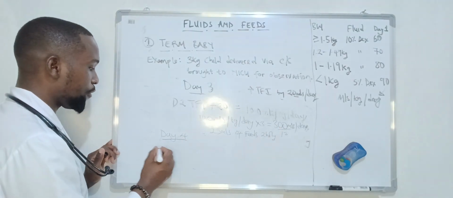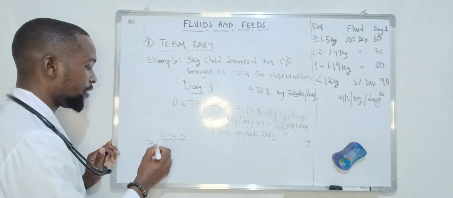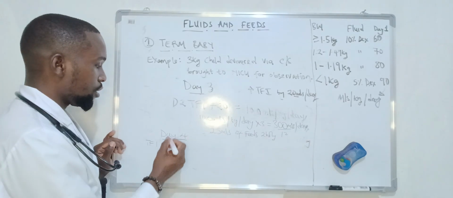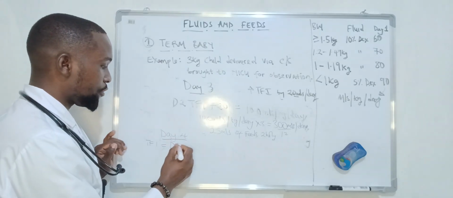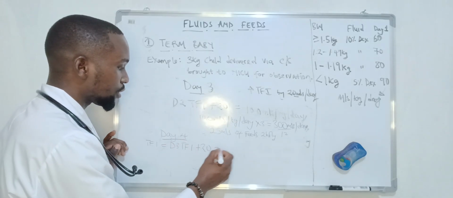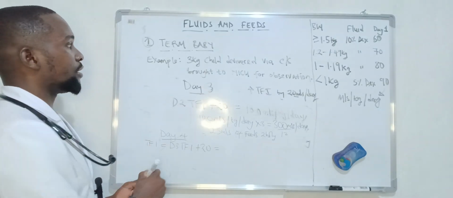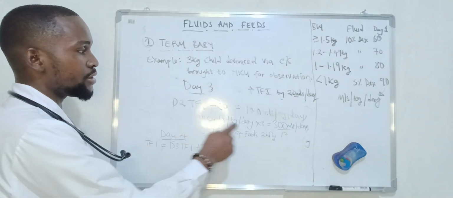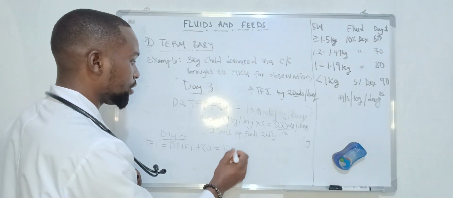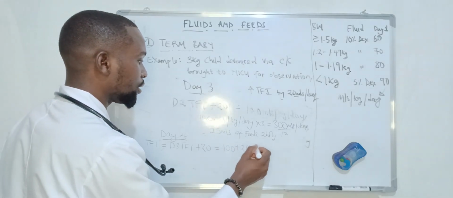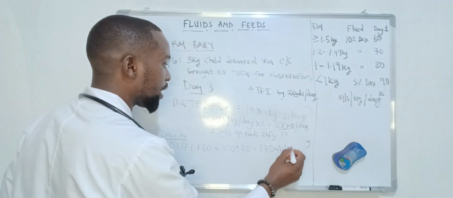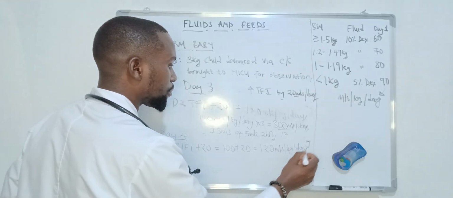So day 4 TFI is going to be day 3 TFI plus 20. Our day 3 TFI was 100. So meaning we're going to have 100 plus 20. So on day 4, the child receives 120 mils per kg per day.